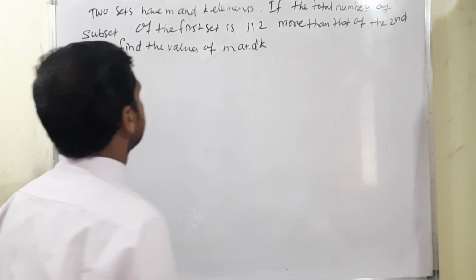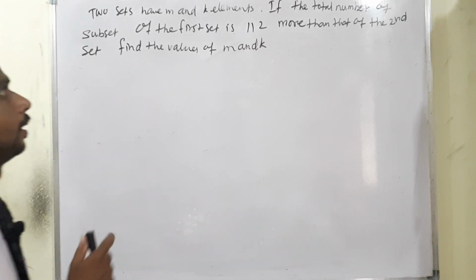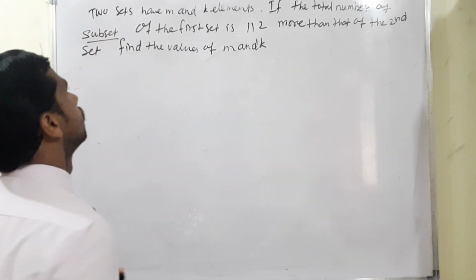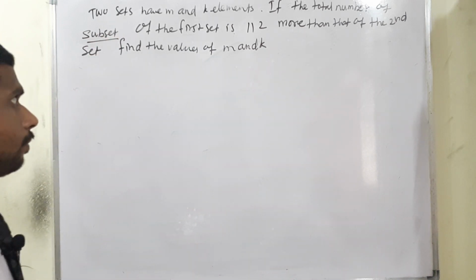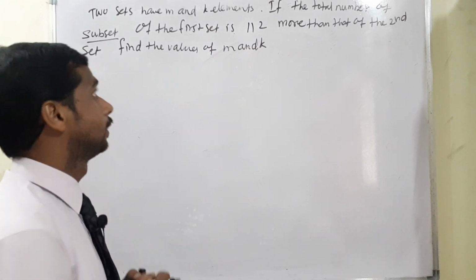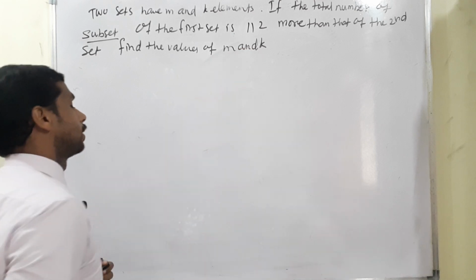1.6. Two sets have m and k elements. If the total number of subsets of the first set is 112 more than that of the second set, that is the condition, then find the values of m and k.